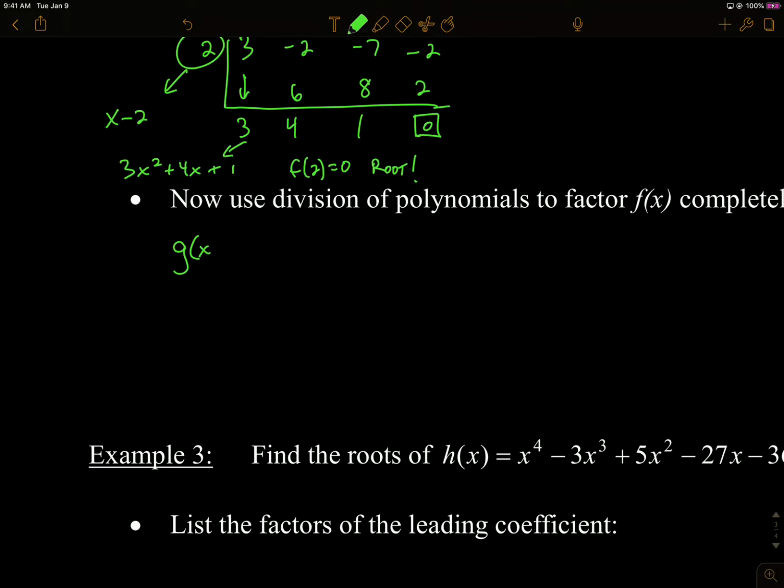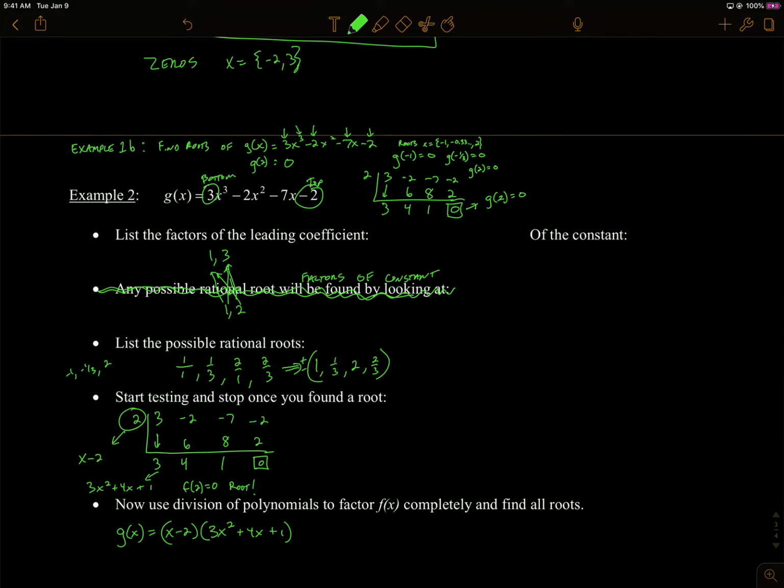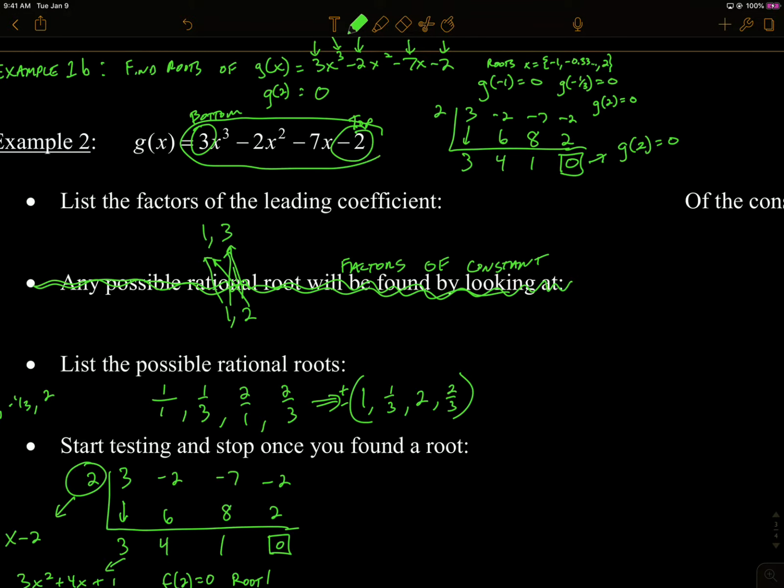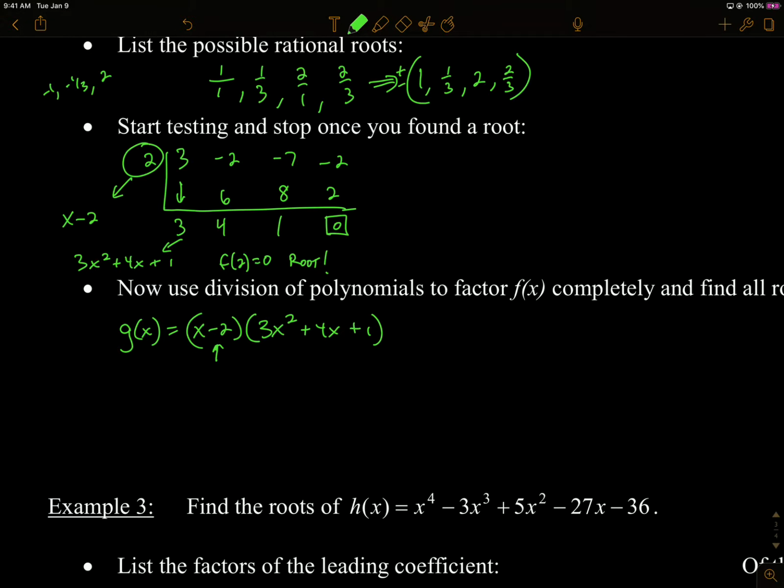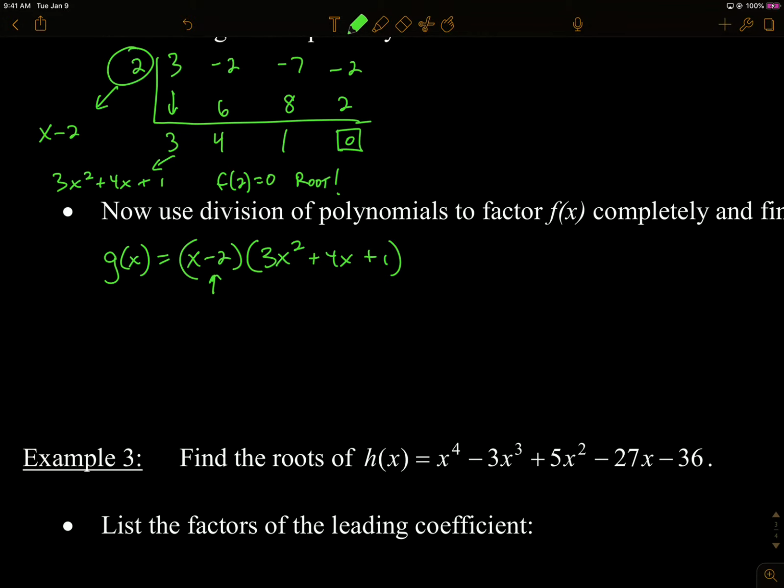G of x now factors into x minus 2 times the quotient, 3x squared plus 4x plus 1. So look at what we've done. Here was something that we couldn't factor by grouping. It was an x to the third. And now we've already factored out one linear factor. And now I'm left with an x squared, which means I can factor that through other methods.